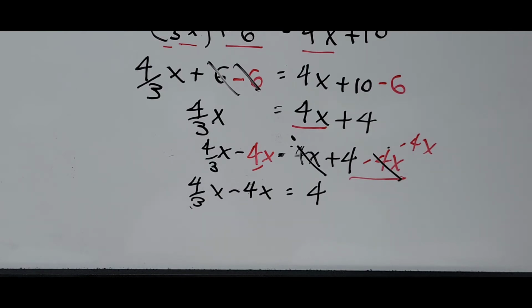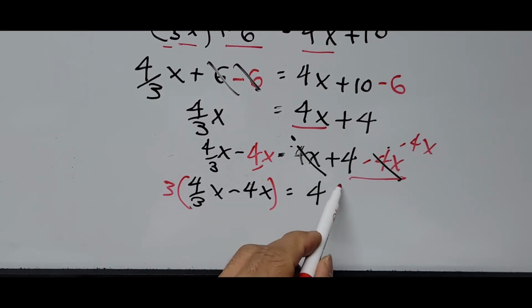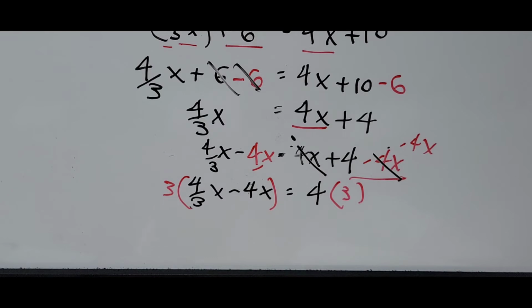What are we going to do? Multiply this by 3. The same thing, multiply this by 3. What you do on the left, you do on the right, right? And since that is the distributive property again, multiply this to that, and then multiply this to the second term. Multiply the first term, multiply the second term, the coefficient, right?